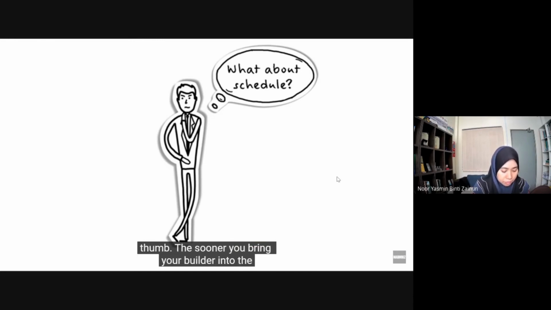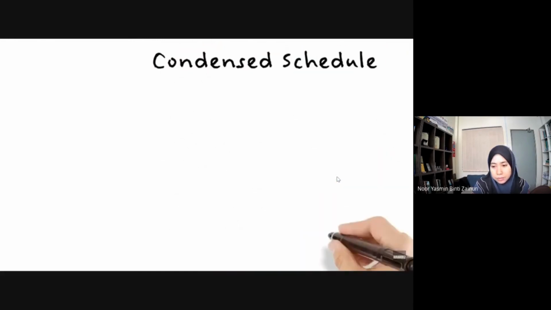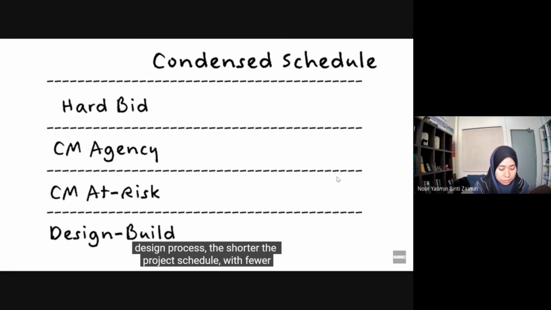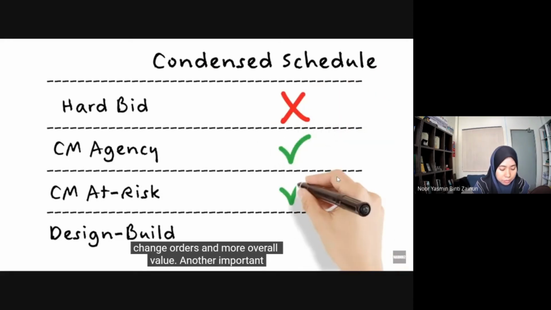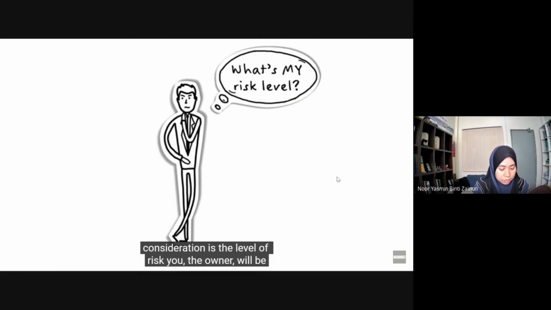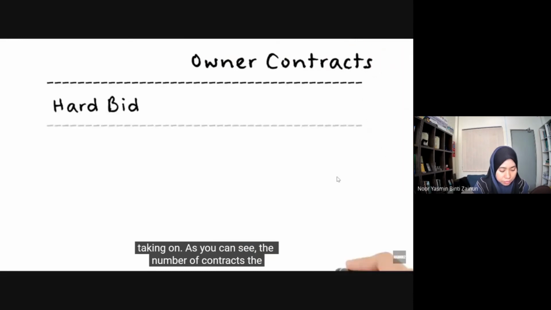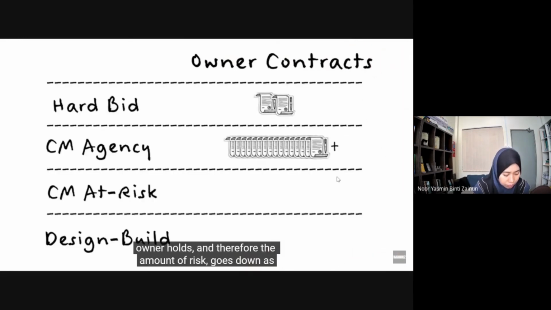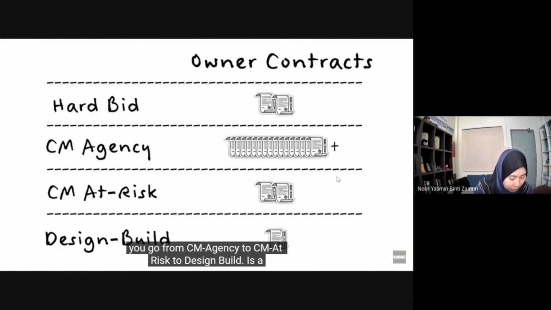Here's a good rule of thumb. The sooner you bring your builder into the design process, the shorter the project schedule, with fewer change orders and more overall value. Another important consideration is the level of risk you, the owner, will be taking on. As you can see, the number of contracts the owner holds, and therefore the amount of risk, goes down as you go from CM agency to CM at risk to design build.